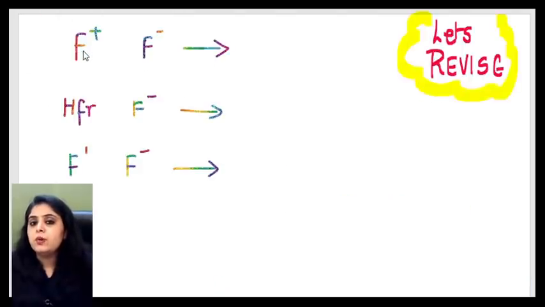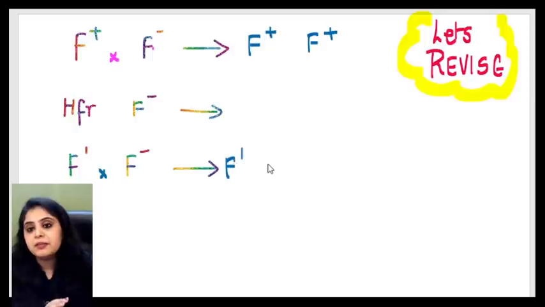Tell me, when a regular simple F plus was recombining with F negative, what were both of them becoming? Both of them were ending up becoming F plus. If F prime conjugates with F minus, both of them end up becoming F prime.